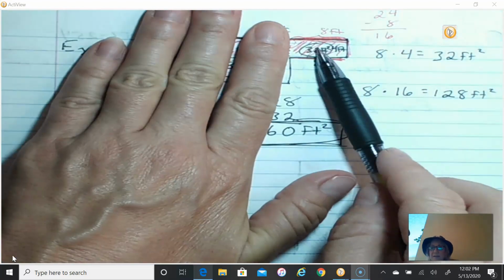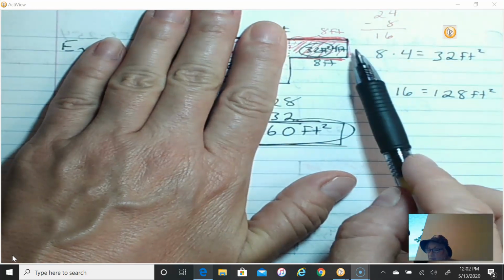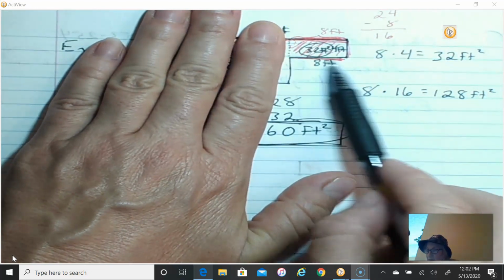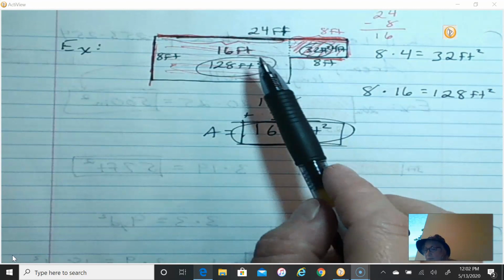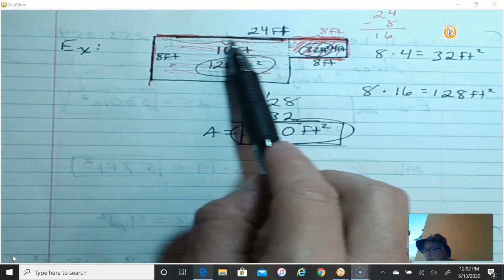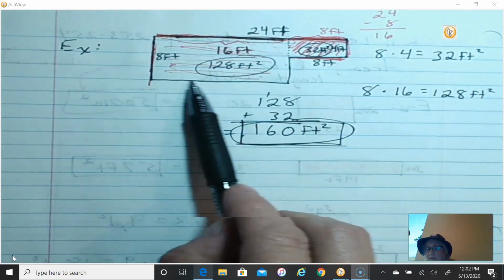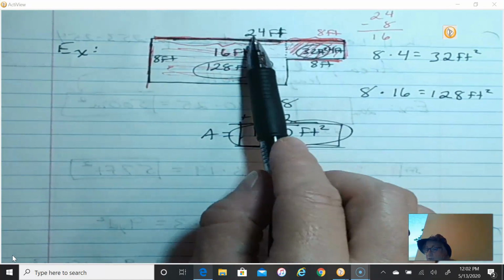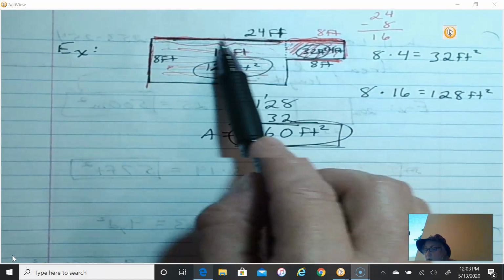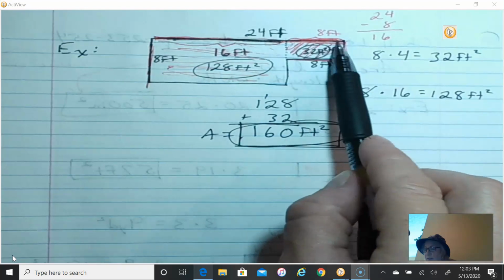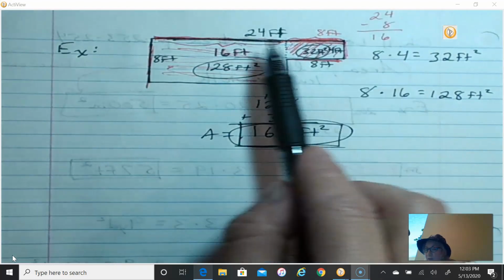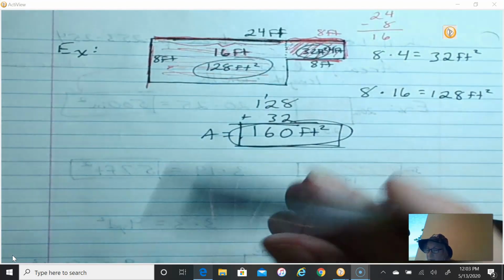We were able to easily find this one because they gave us this side and this side, so we multiplied it. But they only gave us this. They did not give us this side or even this side. We had to figure that out because this whole thing is 24 and we knew this little part was 8, so we subtracted the 8 and that gave us this side.